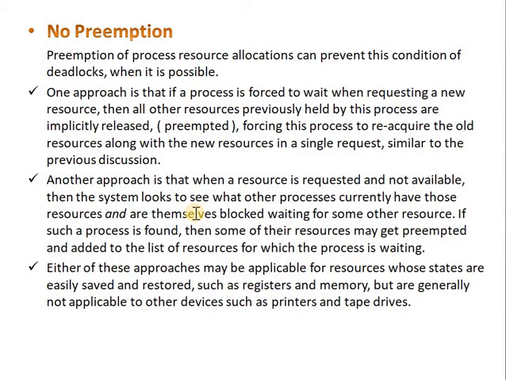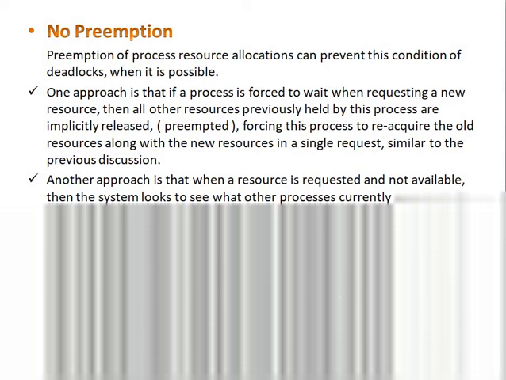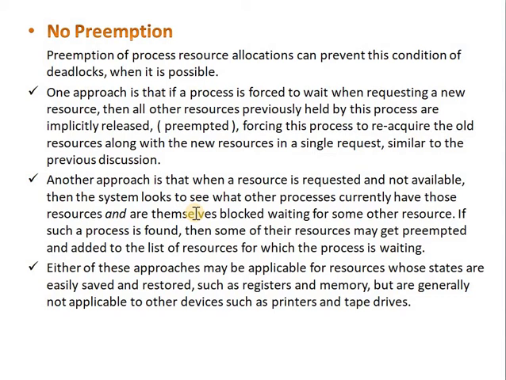If a process requests some resources, it is checked whether they are available. If not, it is checked against the waiting processes, which are waiting for additional resources. In this case, we preempt the required resources of the waiting processes.